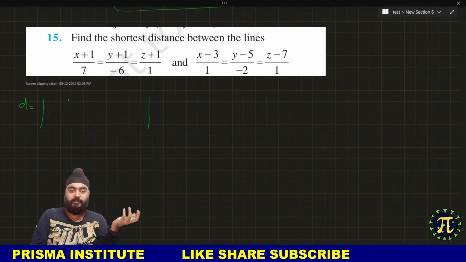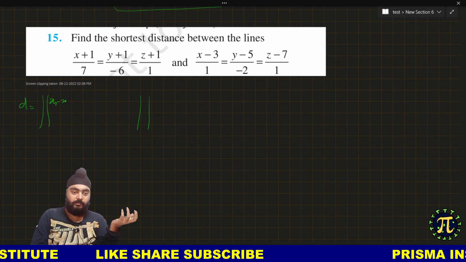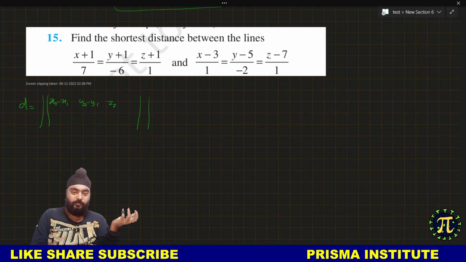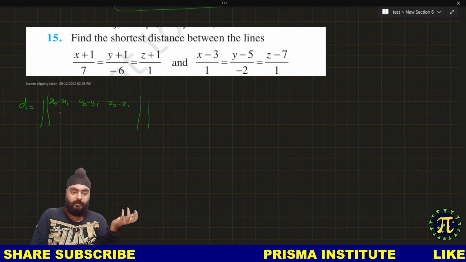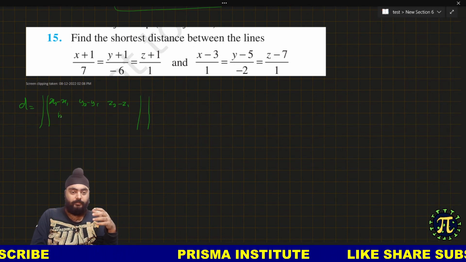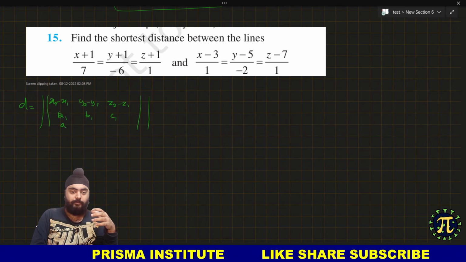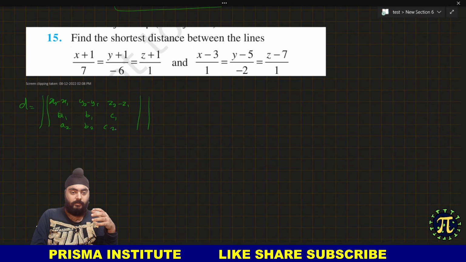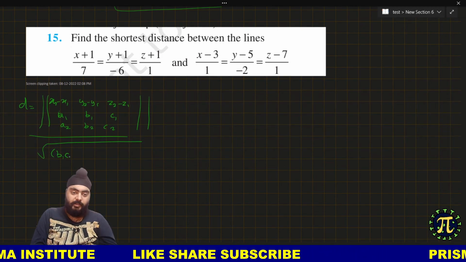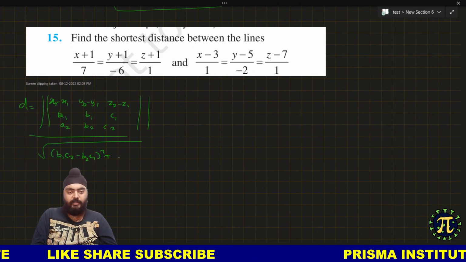Modulus is applied, and inside it is a determinant which is x2 minus x1, y2 minus y1, z2 minus z1, and then a1 b1 c1, a2 b2 c2, divided by square root of (b1 c2 minus b2 c1) squared and other two terms also.